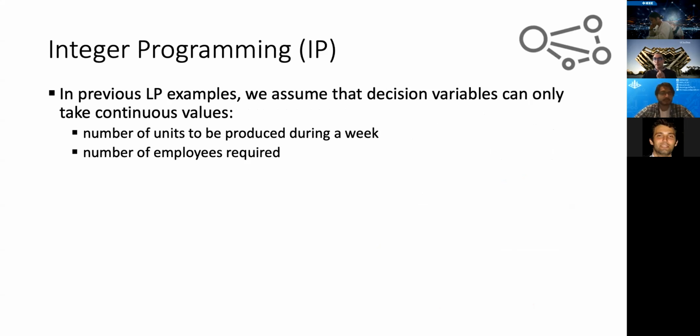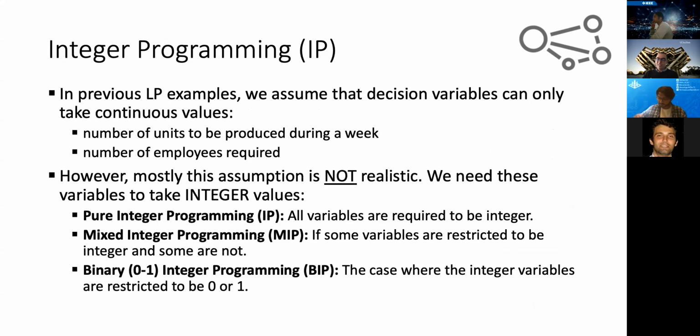Integer programming. As you remember, in our previous LP example, in fact the manufacturing example, we assumed that our decision variables can take continuous values, right? For instance, the number of units to be produced during a week can take continuous values. This assumption may not be realistic, as you might think, so we need these variables to take integer values. We basically have three types of integer programming models.